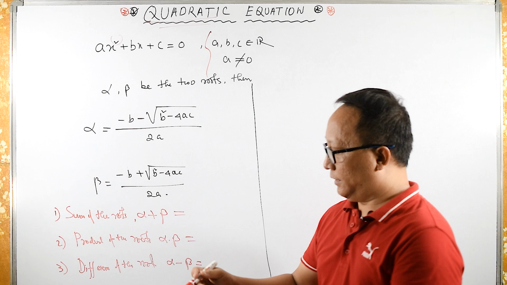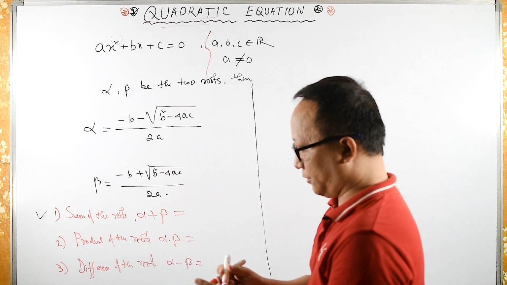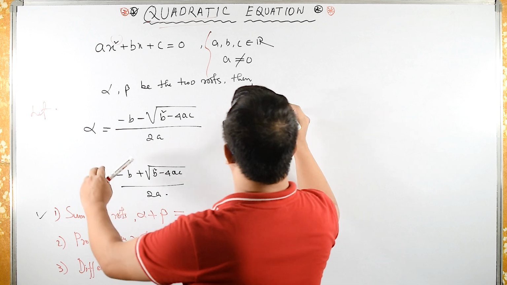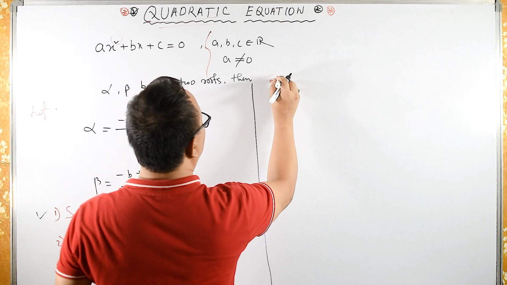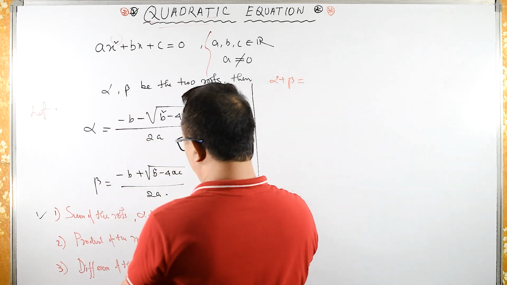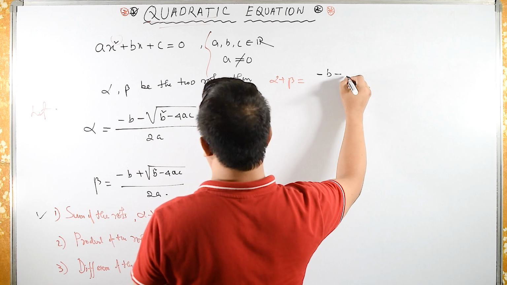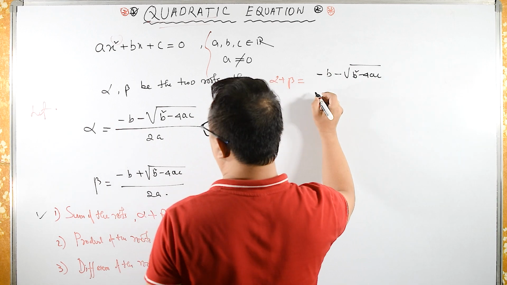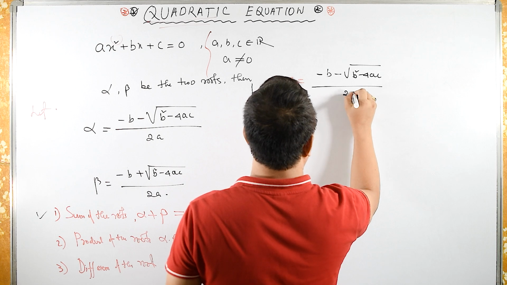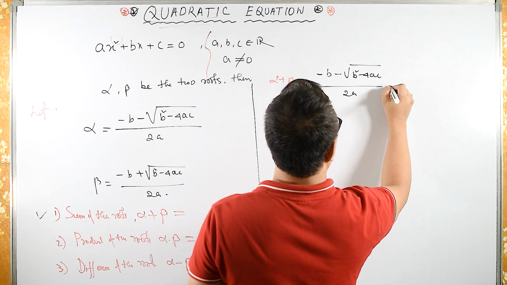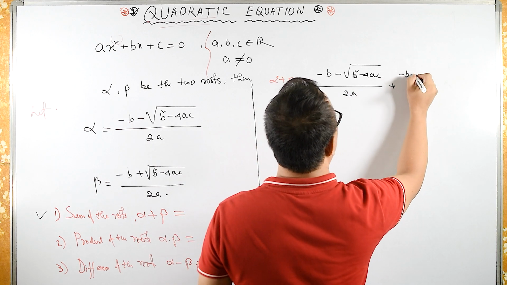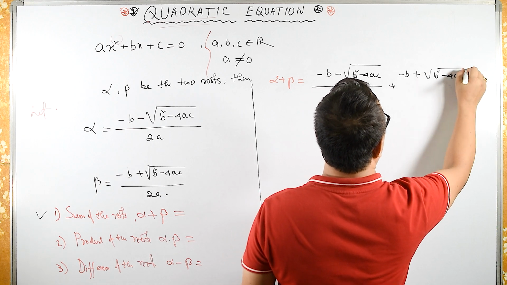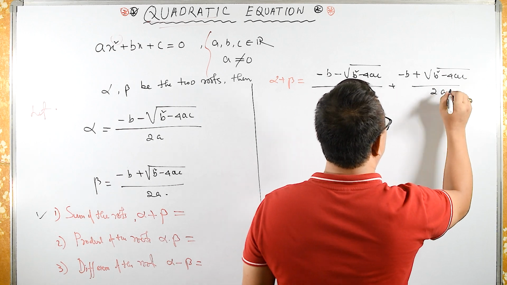Now first let's find the sum of the roots. Alpha is this, beta is this. Now let's add these two. Alpha plus beta is equal to minus b minus square root of b² minus 4ac upon twice a, plus minus b plus square root of b² minus 4ac upon twice a.